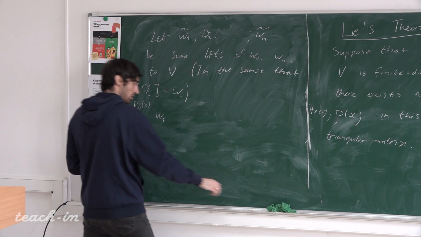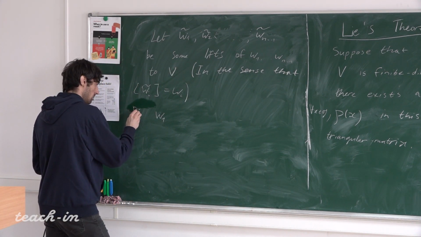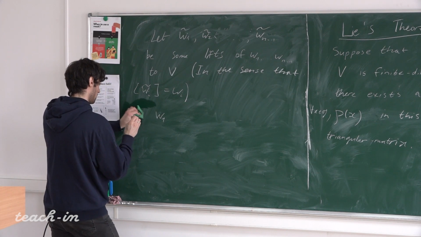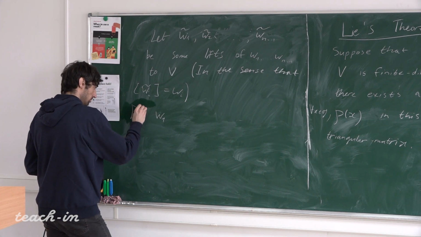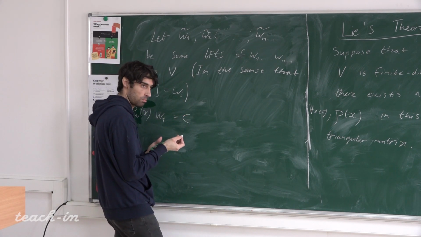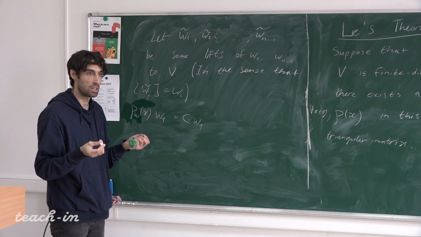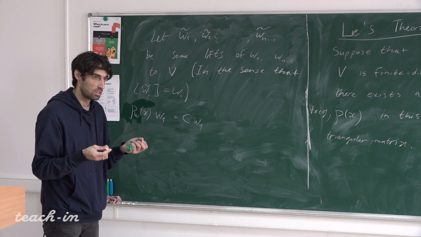So this thing sends this to some complex number times W1, and the complex number can be 0, right?